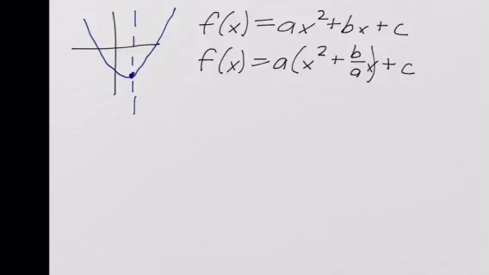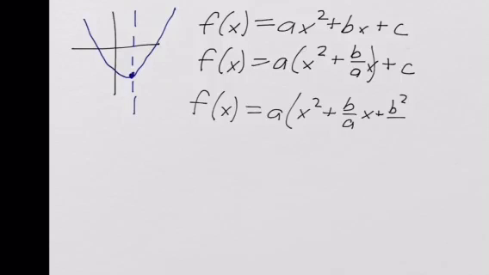Now I'm going to go ahead and complete the square inside of the parentheses. So the same thing we did earlier. I'm going to do it as b over 2a squared.